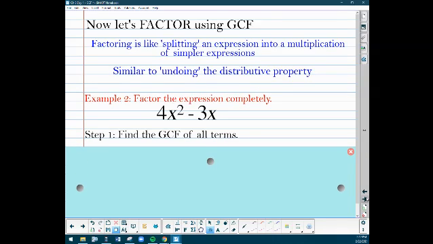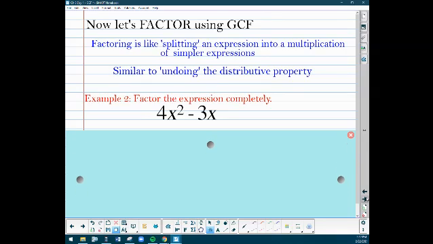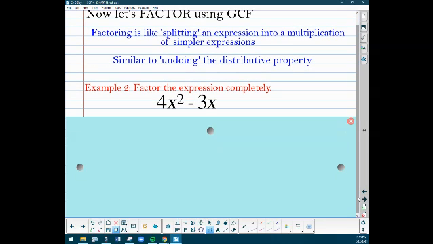Okay, so here's example 2. It says factor the expression completely, and those are the directions that you're going to see on Delta Math. So factor the expression completely. So it's very similar to what we just did, but instead of saying 4x squared and 3x, now it's a binomial or a polynomial, 4x squared minus 3x, and how we write our answer is going to be a little bit different in the end.